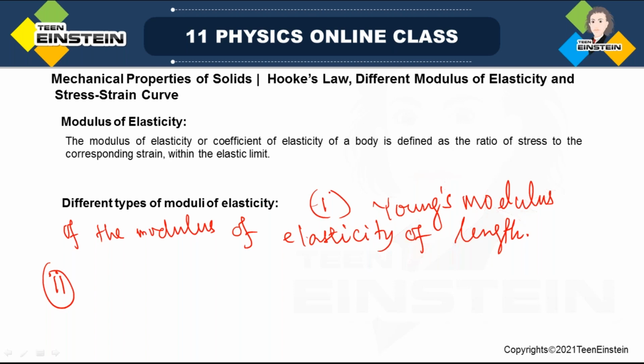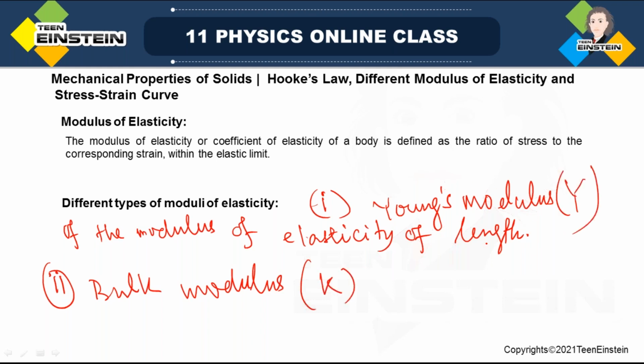Then the second one is the bulk modulus, and it is denoted by K. Young's modulus is denoted by Y. Okay, so what is bulk modulus?